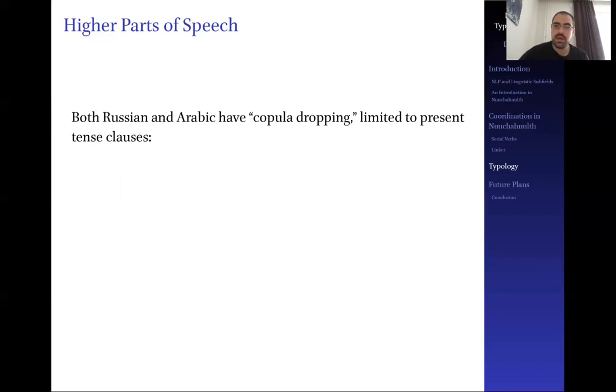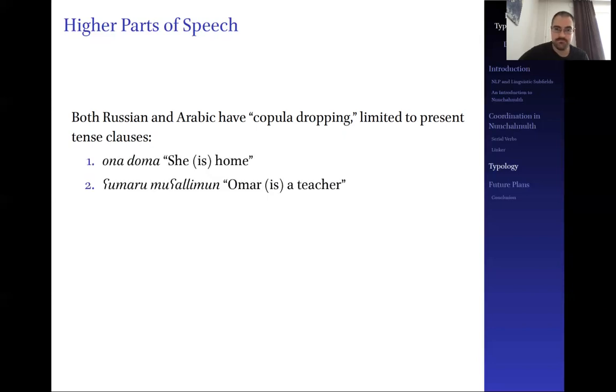And if we look at languages we might be more familiar with, we can see how this might be more common than we expect. Both Russian and Arabic have what has sometimes been called copula dropping, which is limited to the present tense clause. I'm going to try my best to pronounce these and ask for forgiveness from Russian and Arabic speakers.